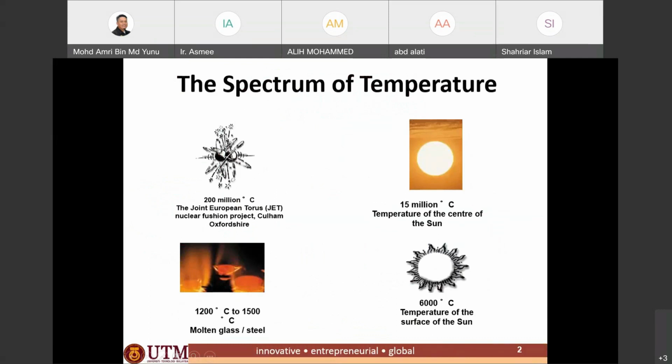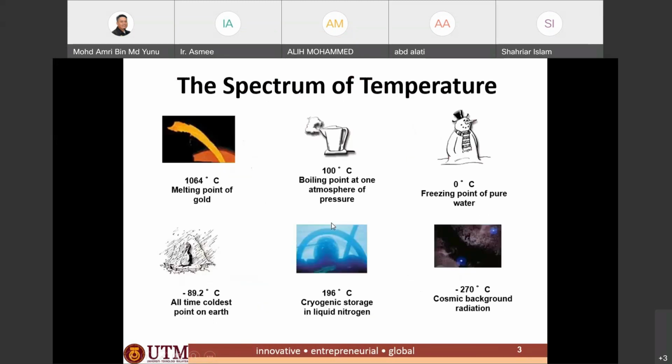Basically, in this part of the lesson, we will look into how the observable heat energy can be measured, which ranges from the highest heat energy at 200 million degrees Celsius down to negative 270 degrees Celsius.